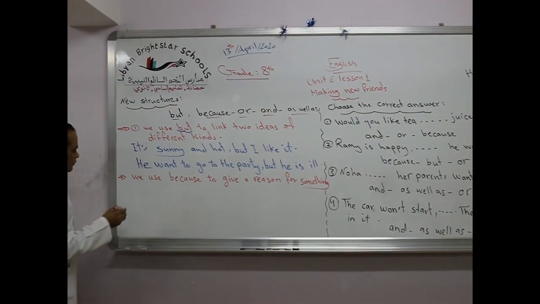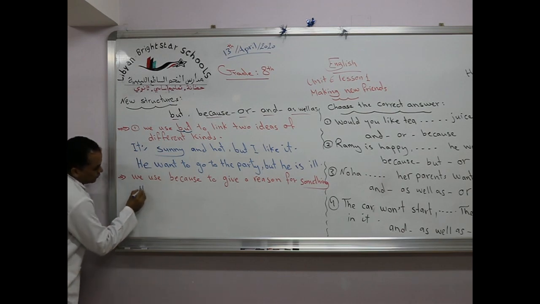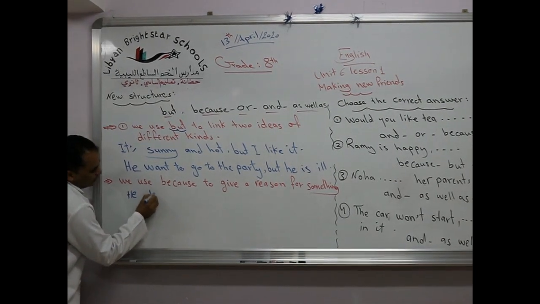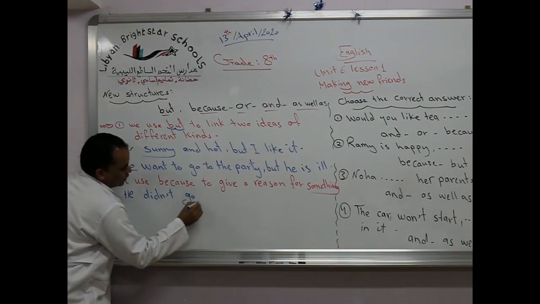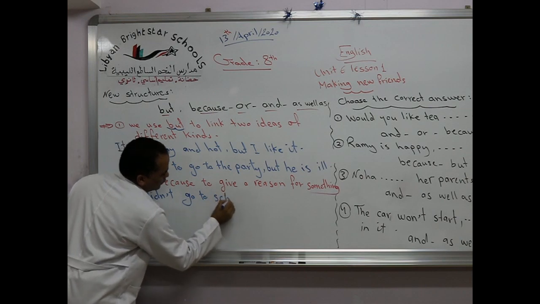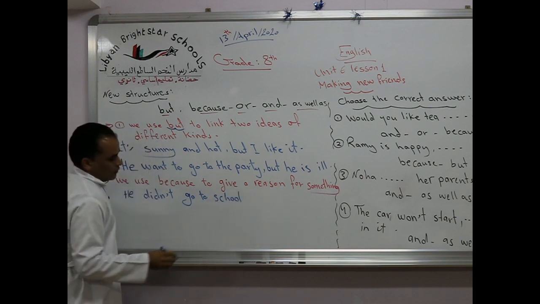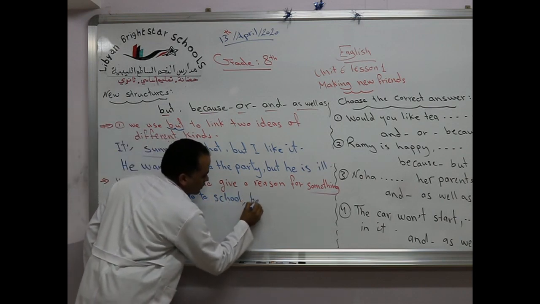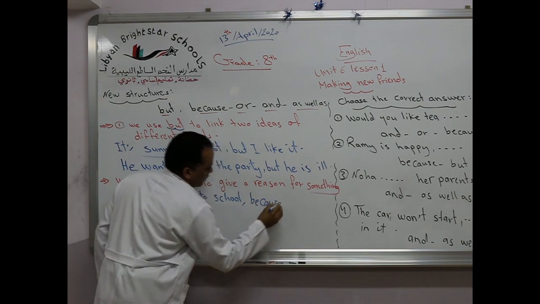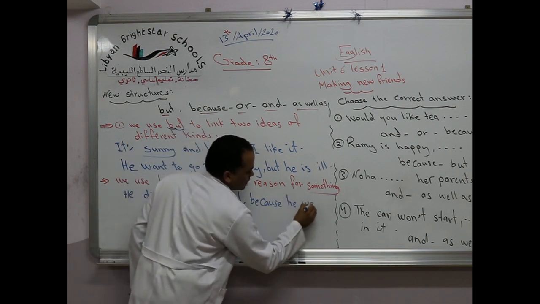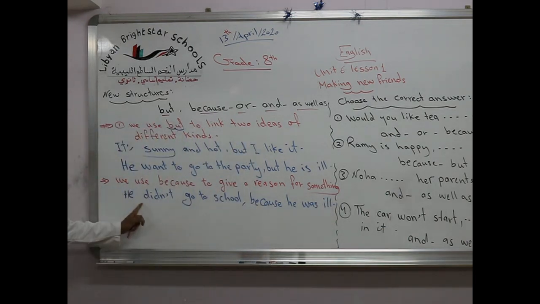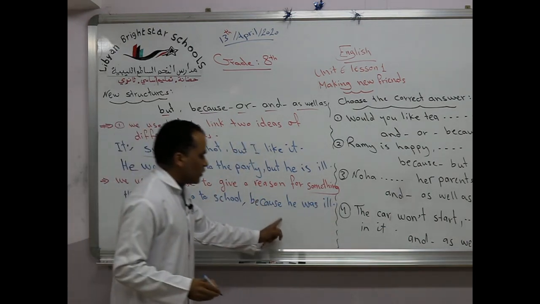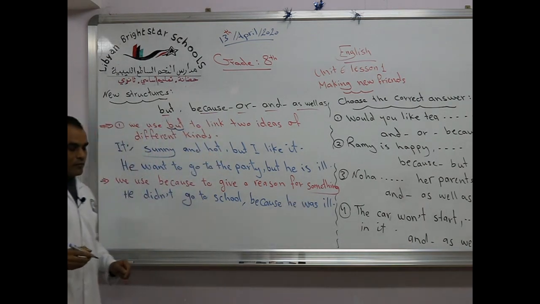For example, he didn't go to school. The reason, because he was ill. He didn't go to school because he was ill.